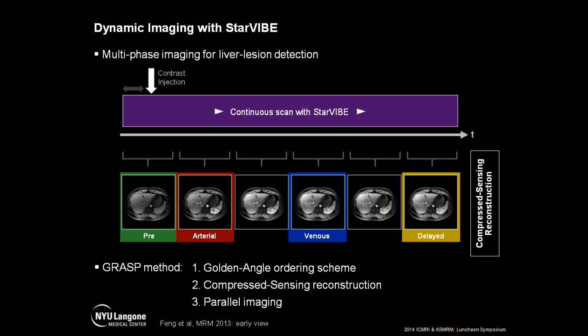And this is what we call the GRASP method or GRASP approach. Now, from a technical perspective, this GRASP method combines three technical components. First, it uses the golden angle ordering scheme. Then it uses a compressed sensing reconstruction, and it also includes parallel imaging.